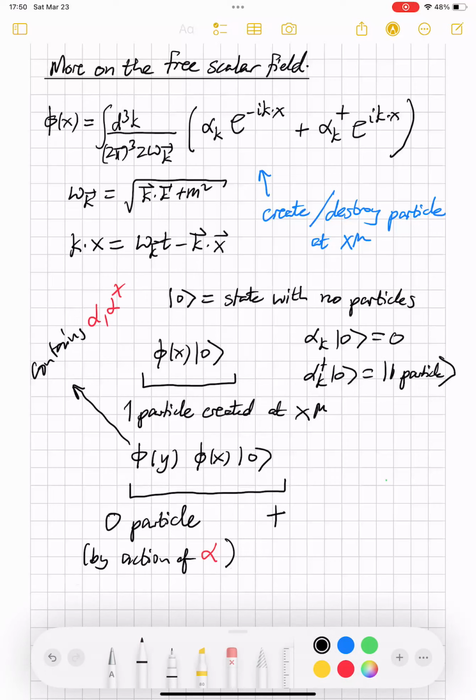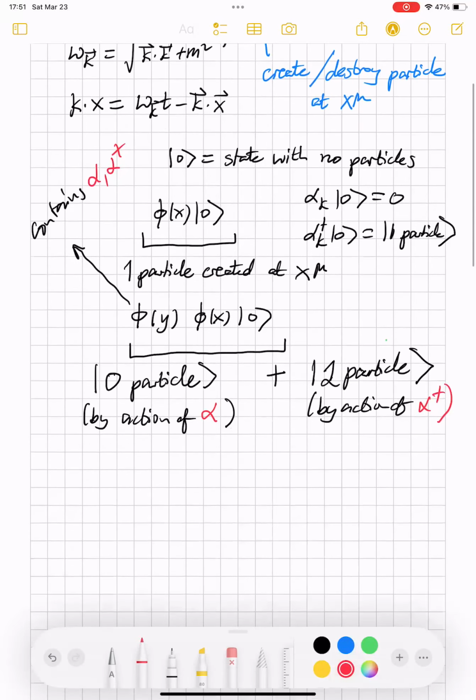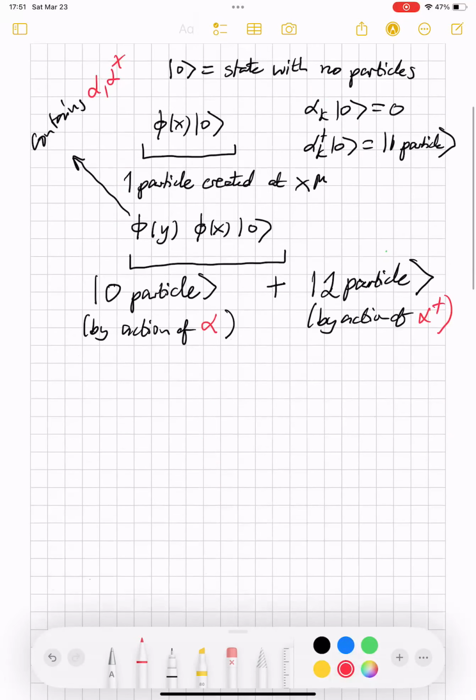And apart from the no particle state, we could also have a two particle state. And that is by the action of α†. So the α† inside φ(y) might produce another particle so that we get a two particle state.